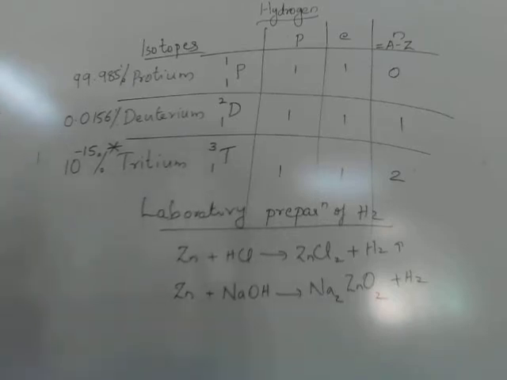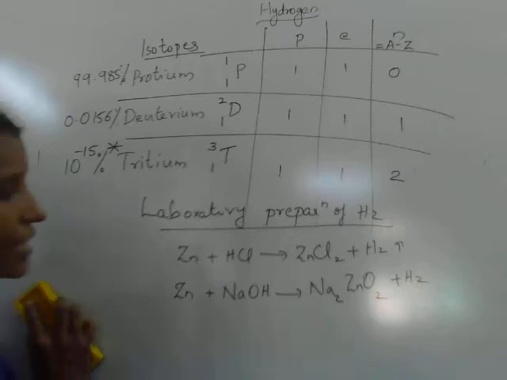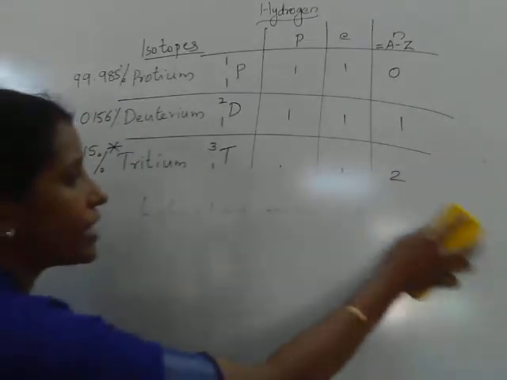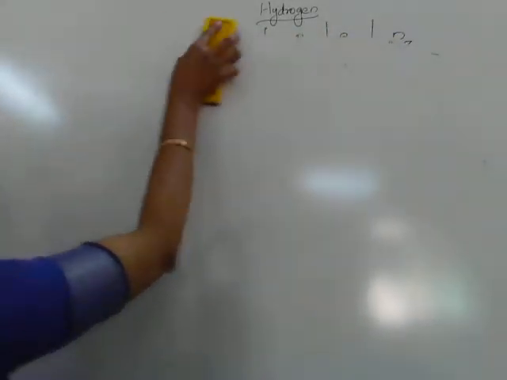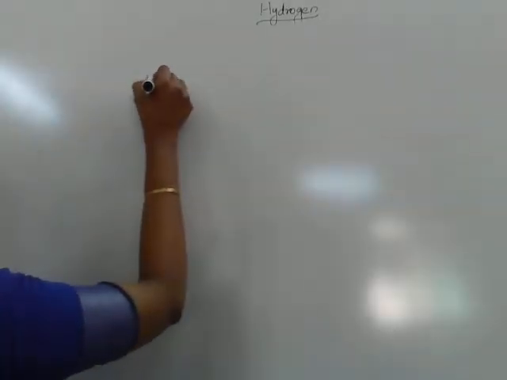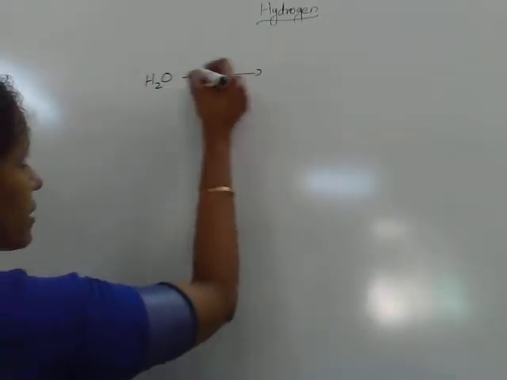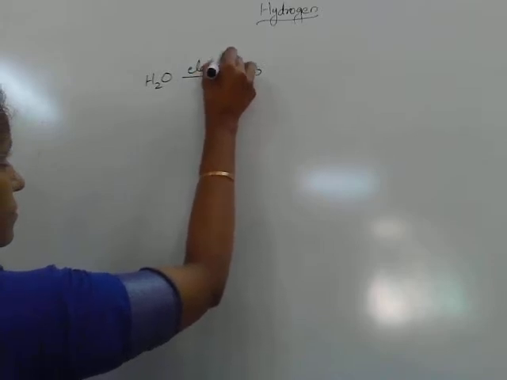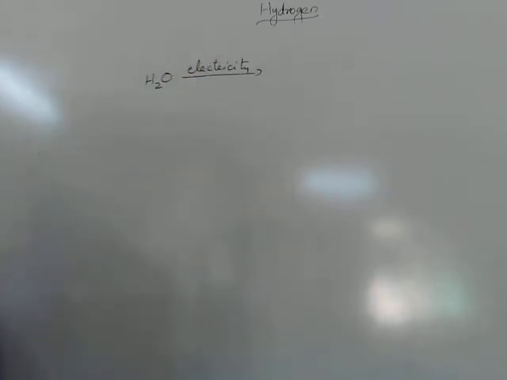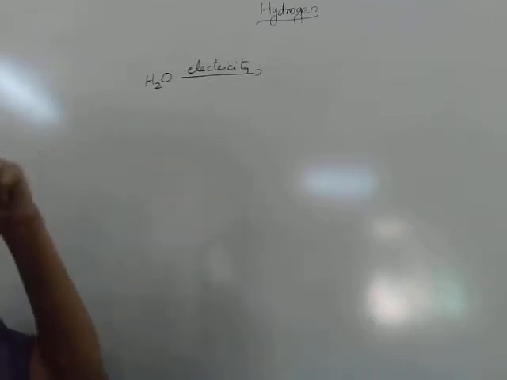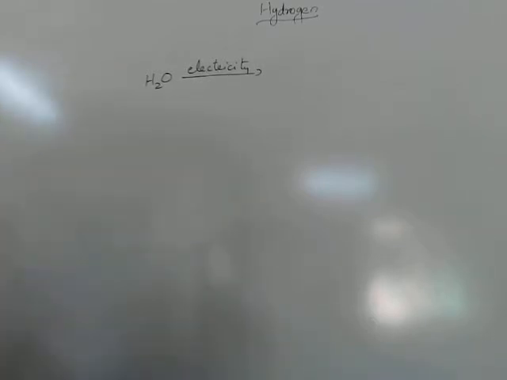Now the commercial production of dihydrogen. Dihydrogen can be made on a large scale by different methods. First one, electrolysis of acidified water. Pure water is a bad conductor of electricity, so in order to make it more conducting, we add some acid into it.